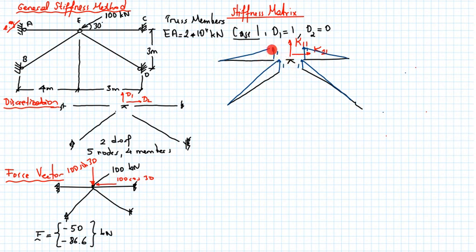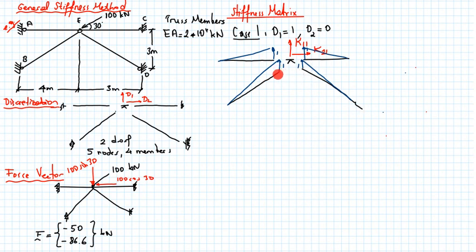So the vertical translation, or the transverse translation, doesn't cause any elongation. Since this is a truss member, we don't see any bending resistance. So no force on this one. And likewise, I don't see any force on this one. So only resistance in the vertical direction will come from member BE and member DE.